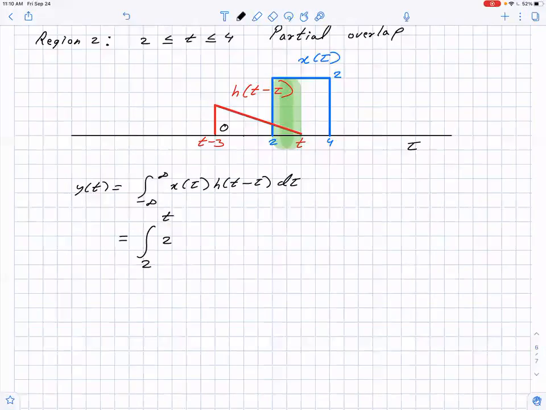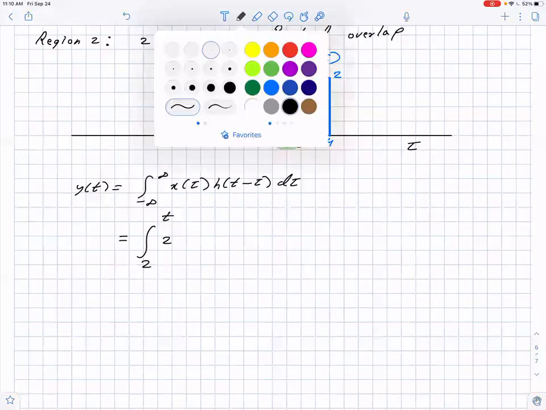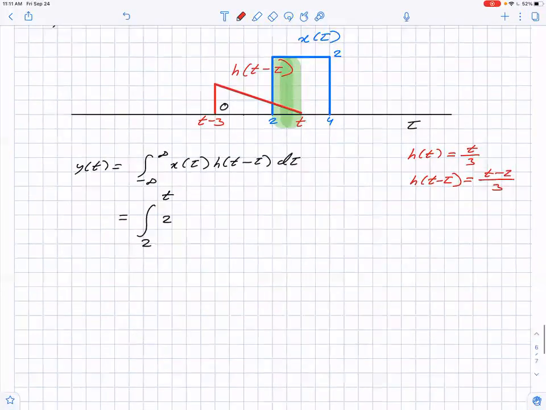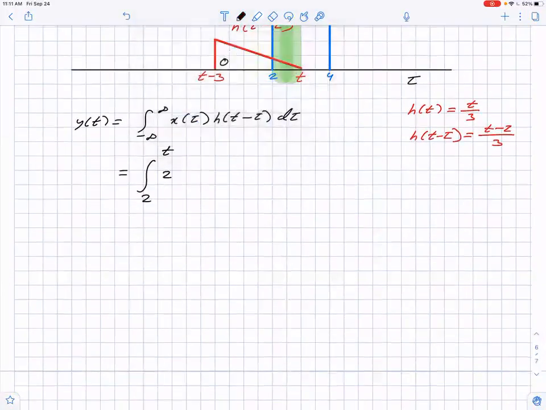For the expression for that line, we can go back to the original expression for h of t, which was t by 3. Since we need h of t minus tau, we can just replace t by t minus tau.